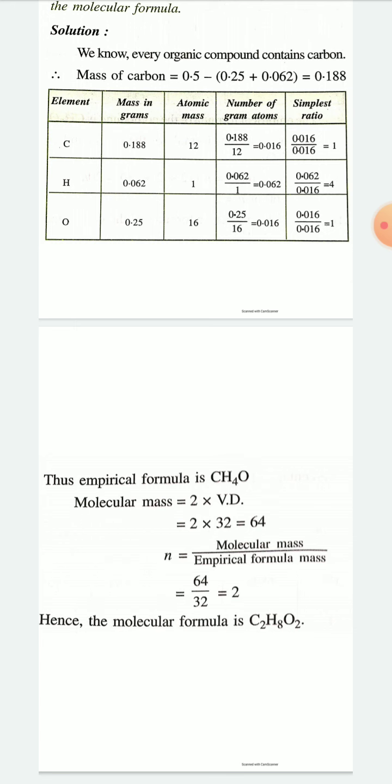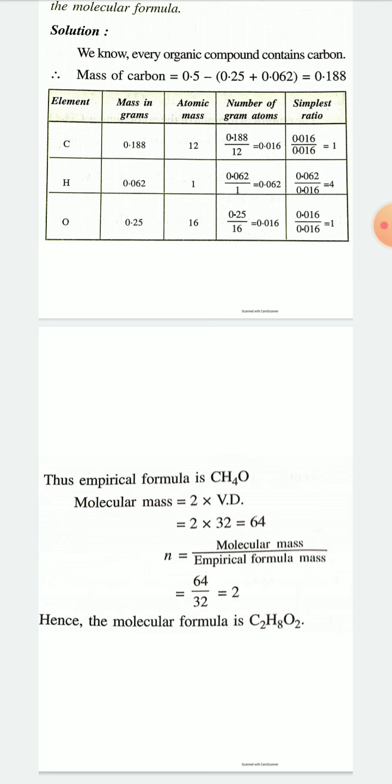So the empirical formula weight of the compound is 12 plus 4 into 1 plus 16, that is 32.